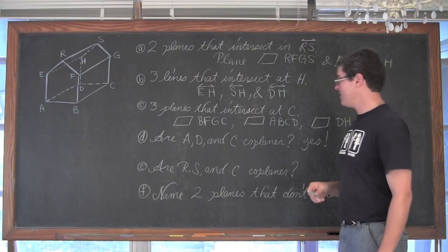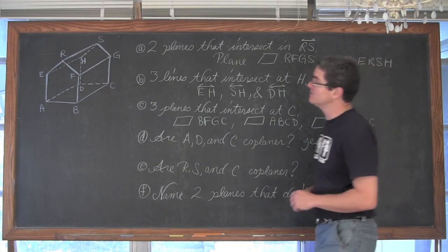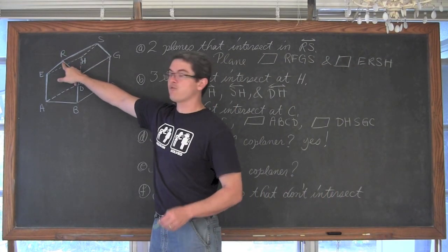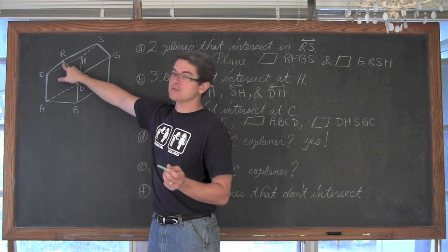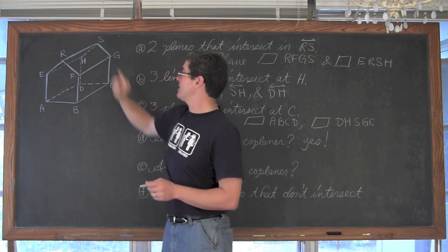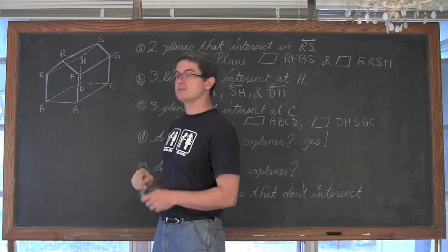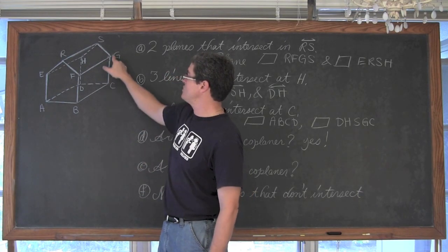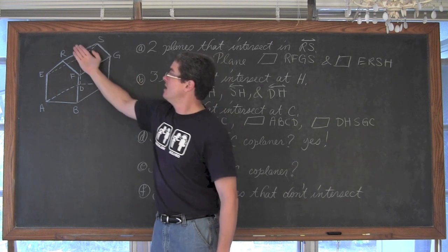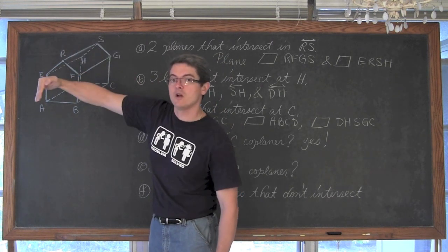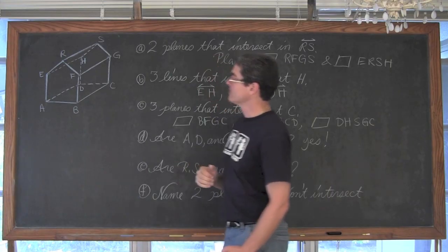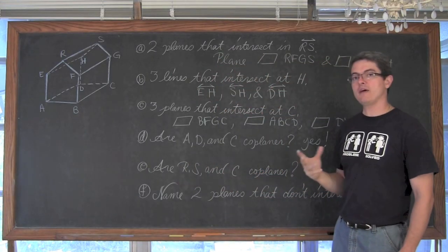Now what about R, S, and C? R's here in the front of this house, if you will. S is in the back, and C is also within that back plane. So the back plane here contains the points C, G, S, H, and D, but point R is in the front of this three-dimensional house figure.